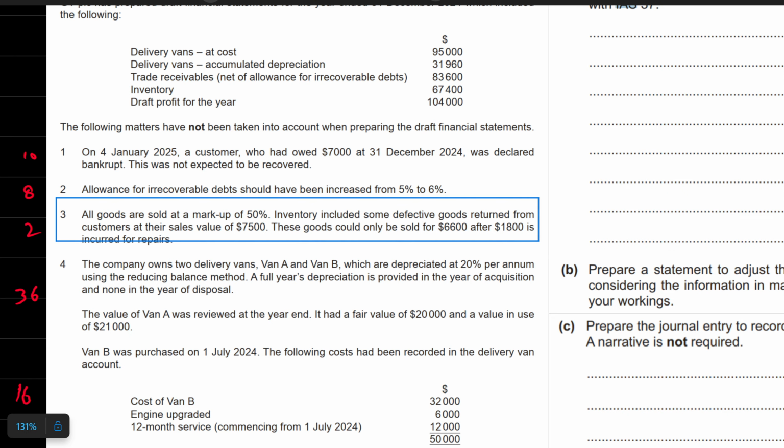In this question, students, all goods are sold at a markup of 50%. Inventory included some defective goods returned from customers at their sales value.